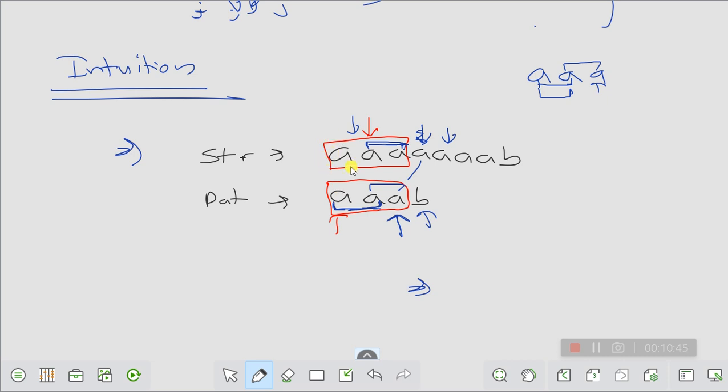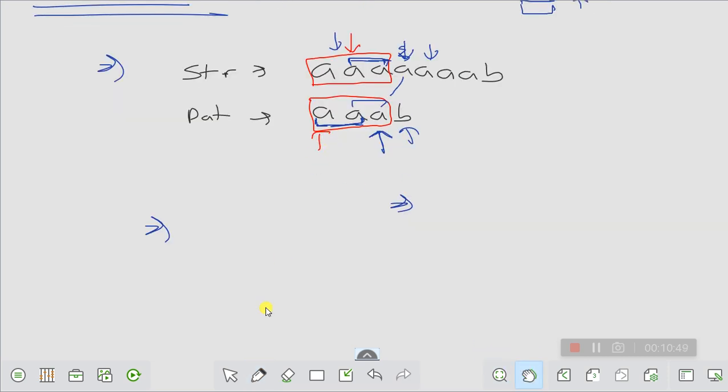I'm trying to say that, and this is only for this pattern string, let me write my observation for the pattern string.